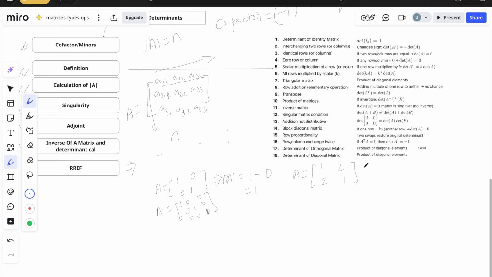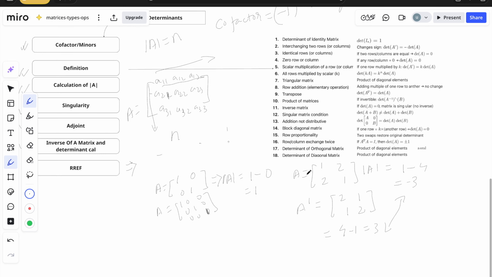And its determinant would be 1 minus 4, which is equal to minus 3. Now if we interchange the rows, so let's say A prime is equal to 2 1 1 2, and then its determinant, which is 4 minus 1, is equal to 3. We can see that the sign has changed here, right?